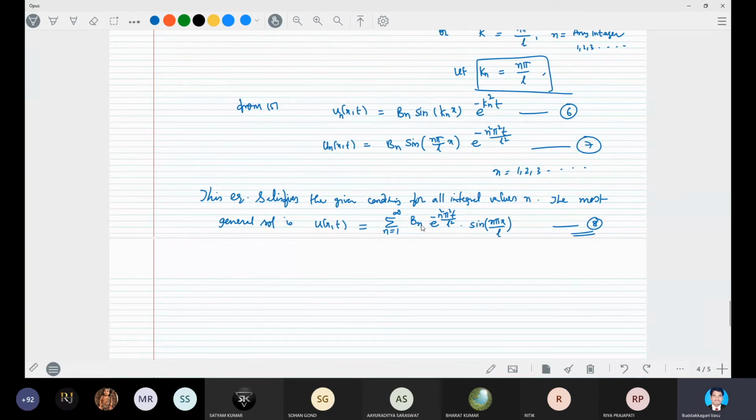If you observe that, how can we determine this b_n?